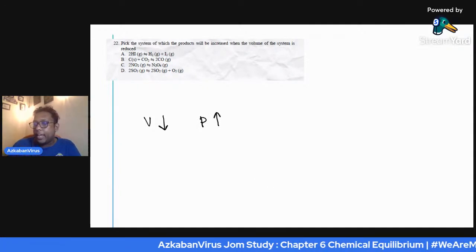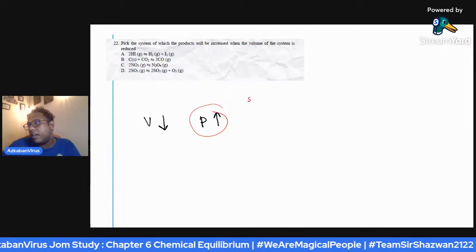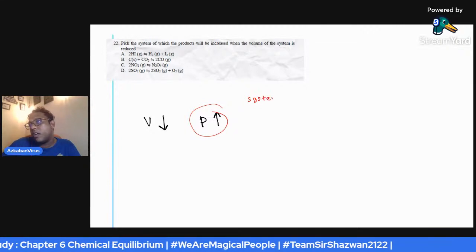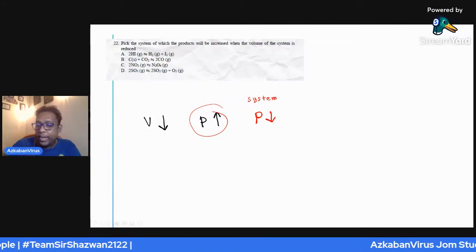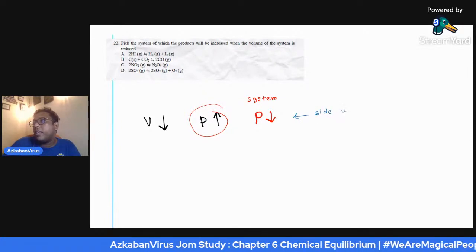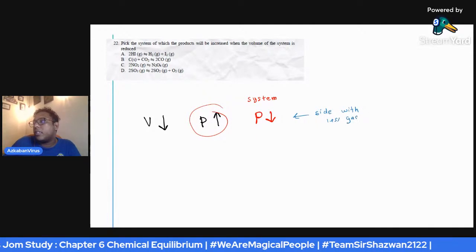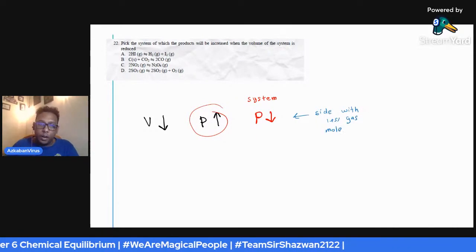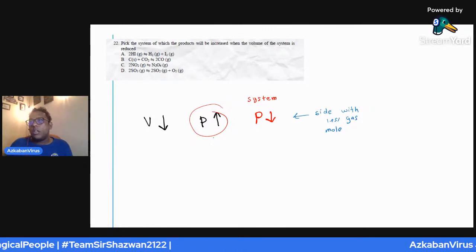Bila pressure naik, sistem akan lawan dengan cara untuk rendahkan pressure. Macam mana cara dia rendahkan pressure? Dia akan shift to the side with less gas mole.